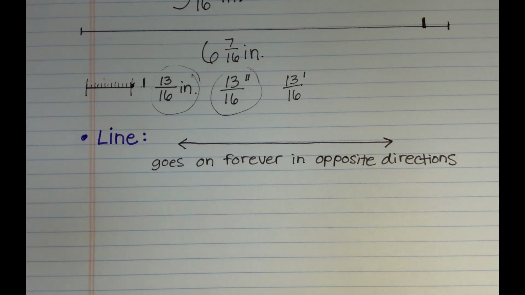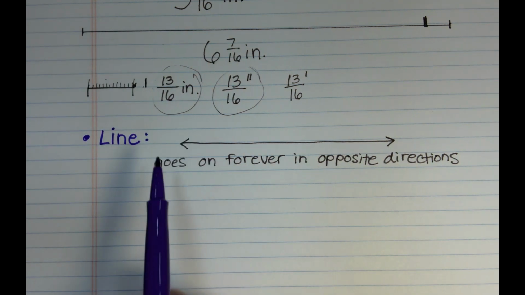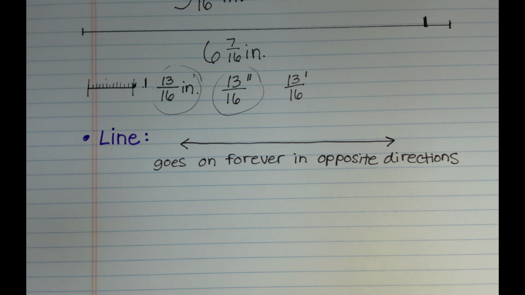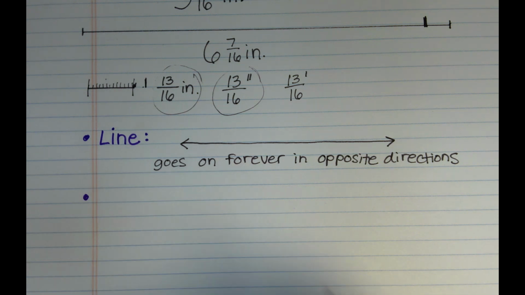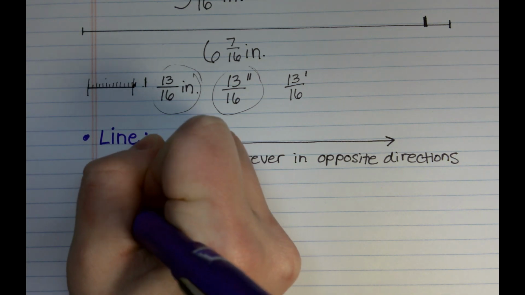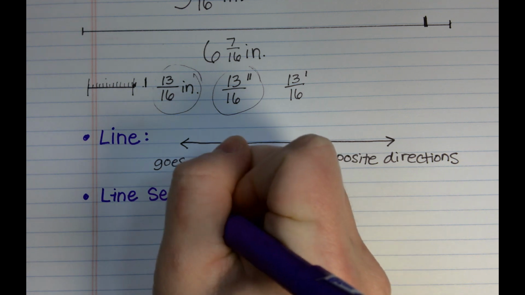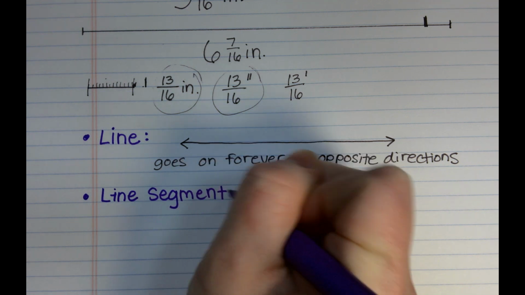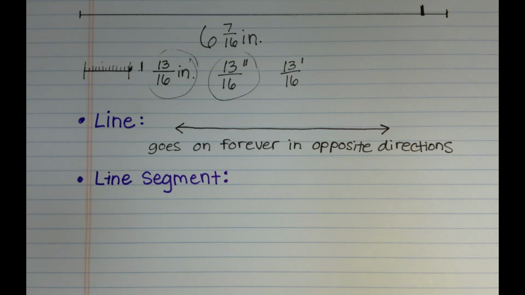Okay, so now we're going to talk about what we normally see and what we can measure. First of all, a line cannot be measured. You cannot measure its length, but you can measure a line segment. So let's write that. Line segment. A line segment does not go on forever. A line segment is essentially a portion of a line.